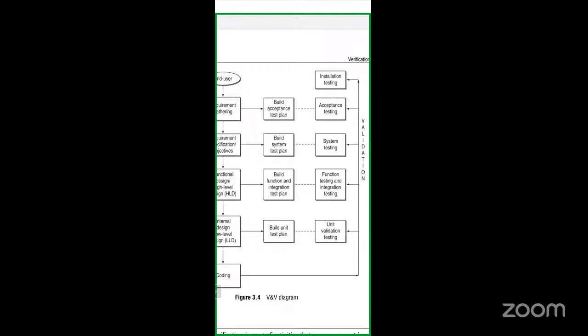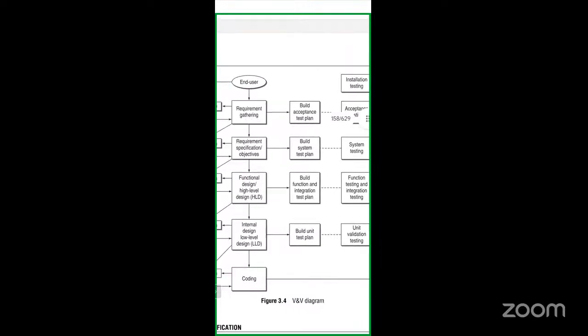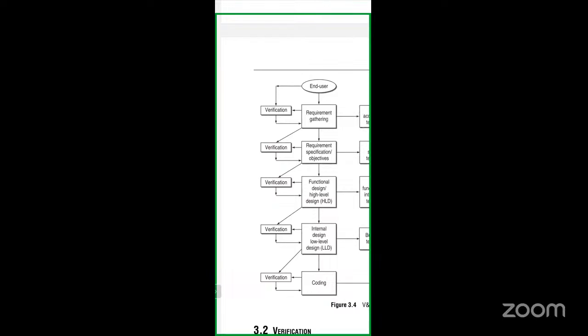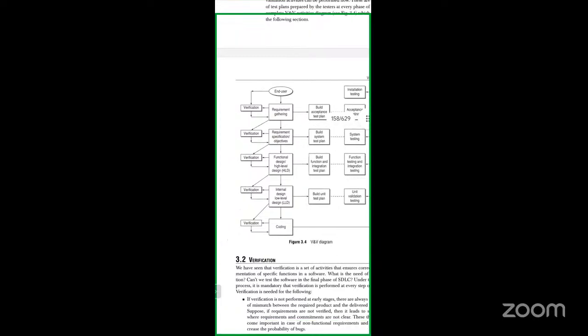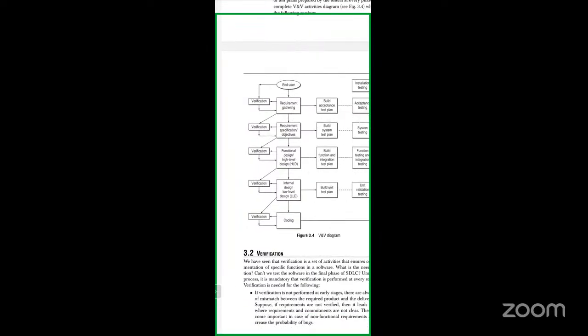Right. So this process is a continuous process throughout the project, throughout the complete flow of that particular product, we can say. Okay, so this is related to our verification and validation.